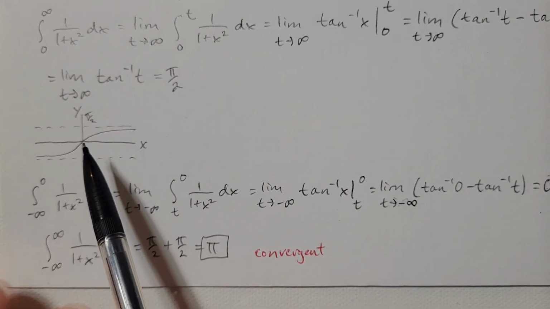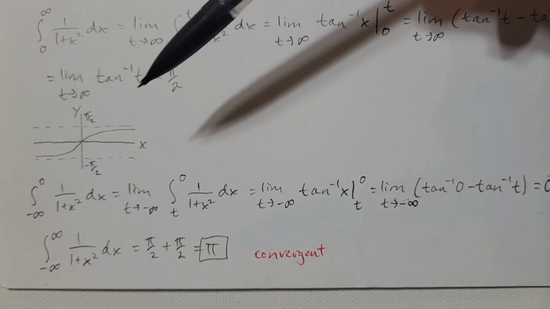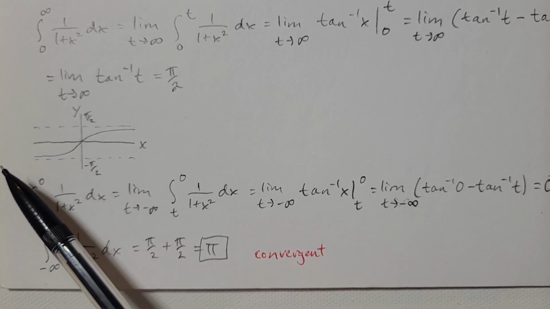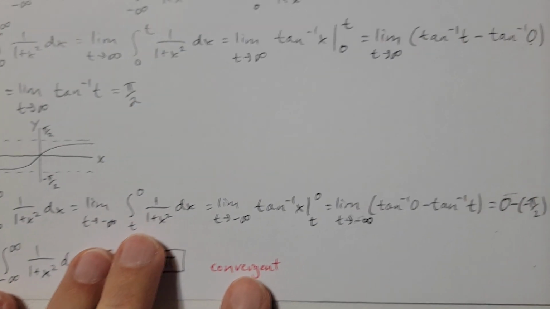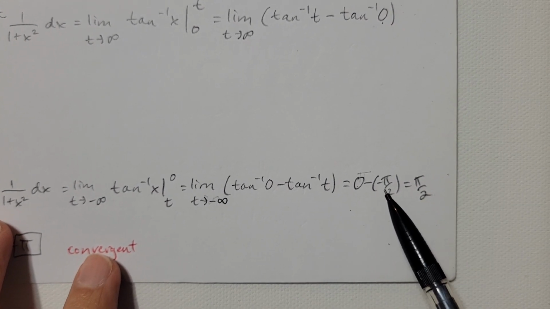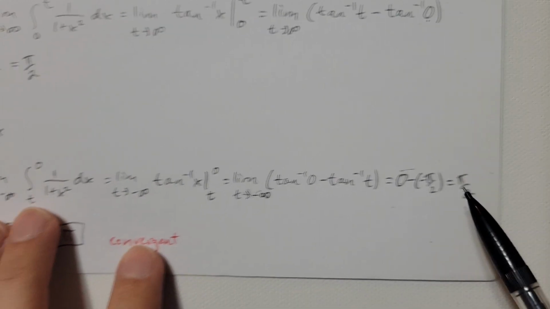So as I approach negative infinity here, the corresponding y values are getting closer and closer to negative pi over 2. So I'm going to have a minus negative pi over 2. That's positive pi over 2.